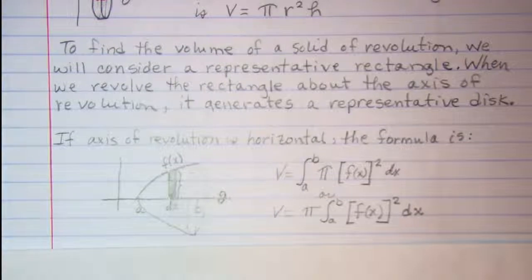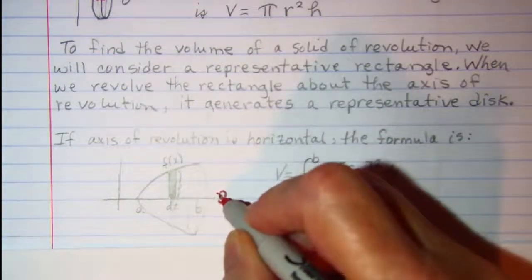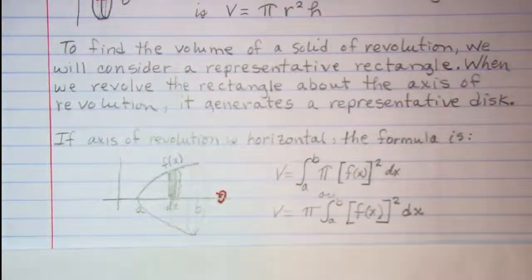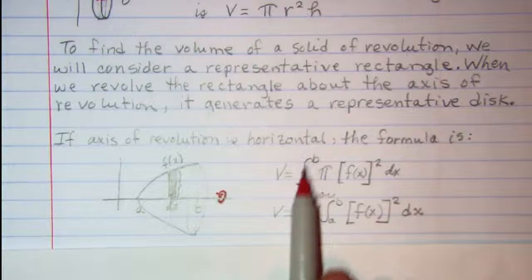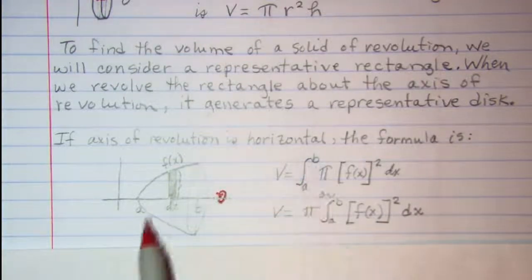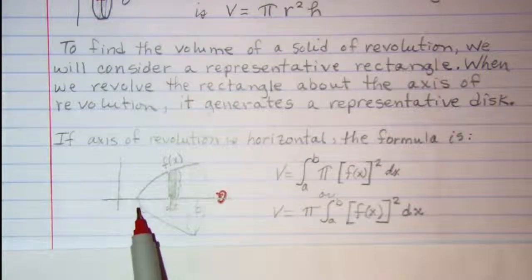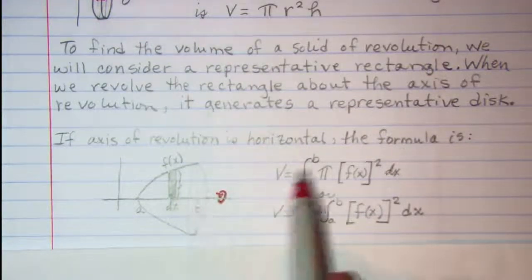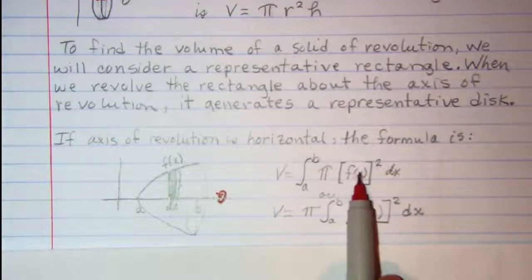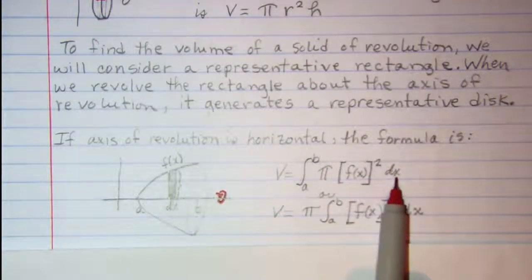If the axis of revolution is horizontal, then the formula is volume equals the integral from a to b. Notice a is the left boundary of our interval, and b is the right boundary of our interval, and then pi r squared h.